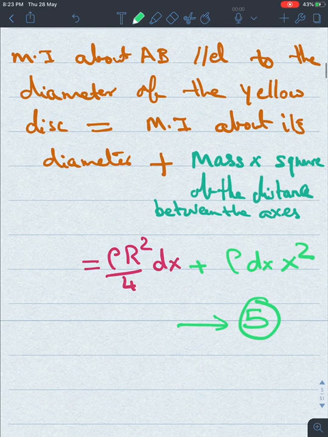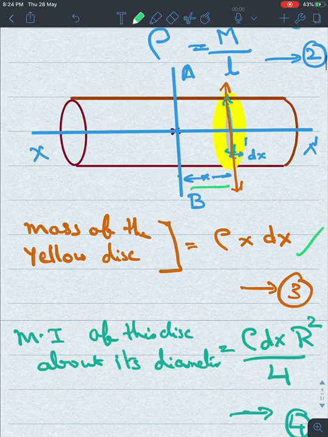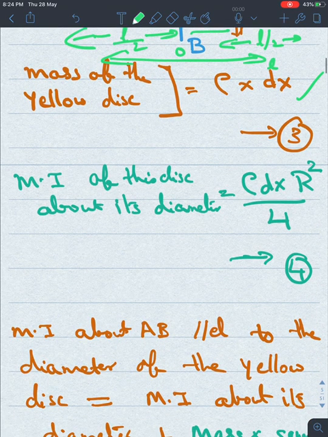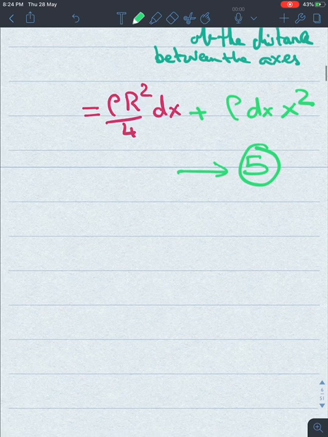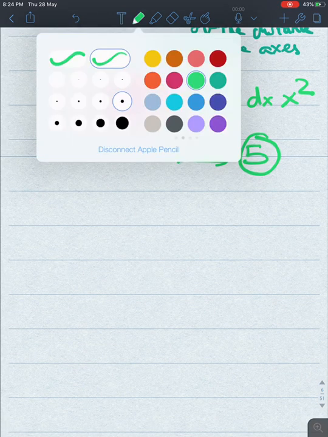Now we have to find the total moment of inertia of the solid cylinder. The whole length of the cylinder is L. So from AB, if this is the 0 point, then this side is L by 2, and this side is minus L by 2. So we have to integrate from minus L by 2 to plus L by 2.